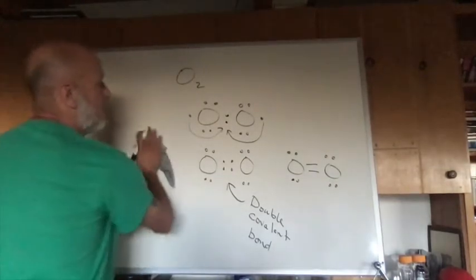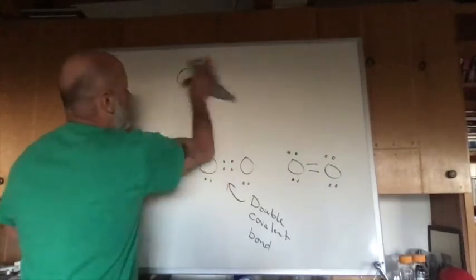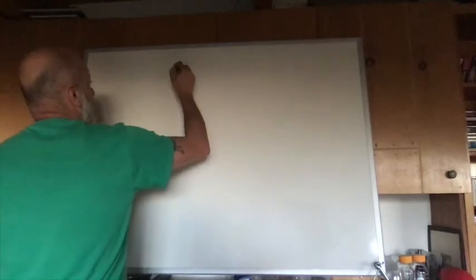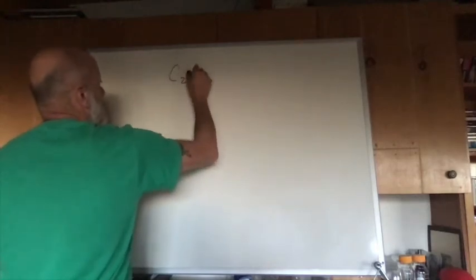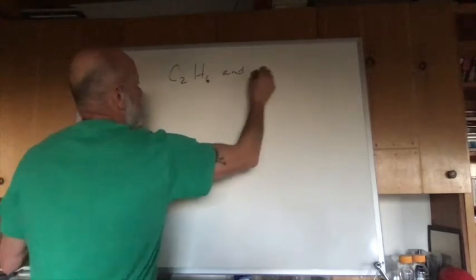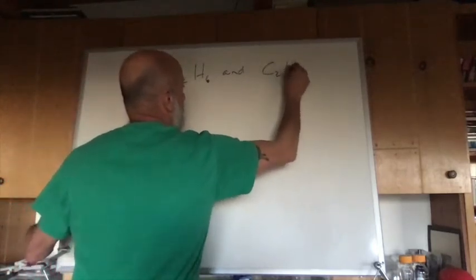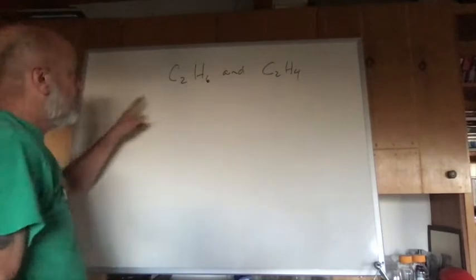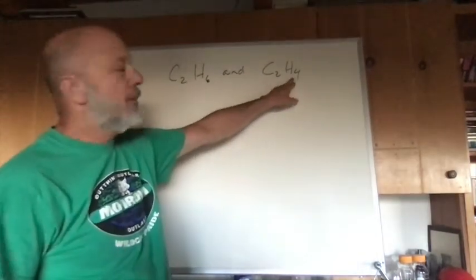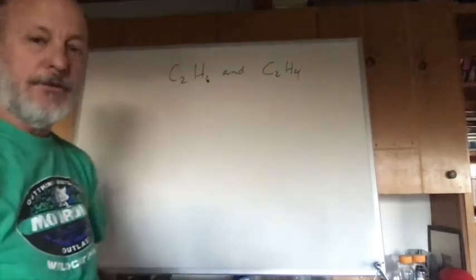Another arrangement, let's look at 2 possibilities. Let's look at C2H6, which is ethane gas, and C2H4, which is ethene gas.